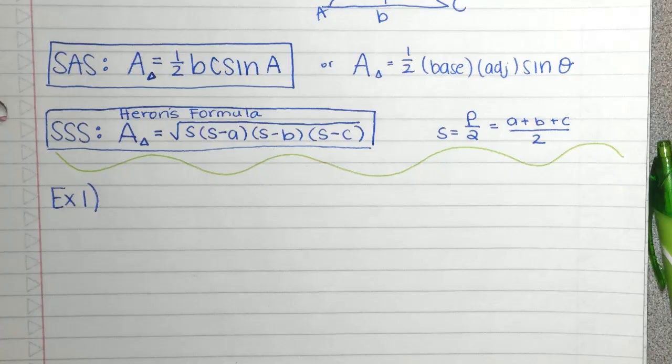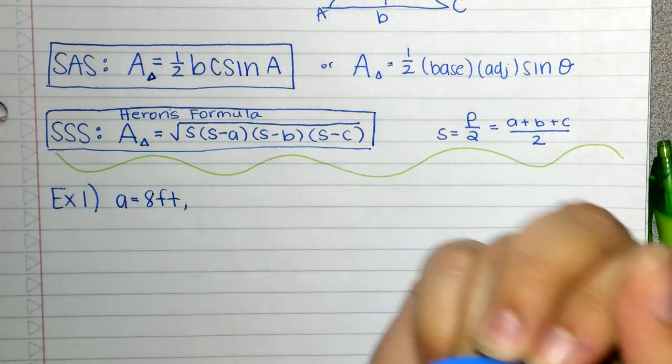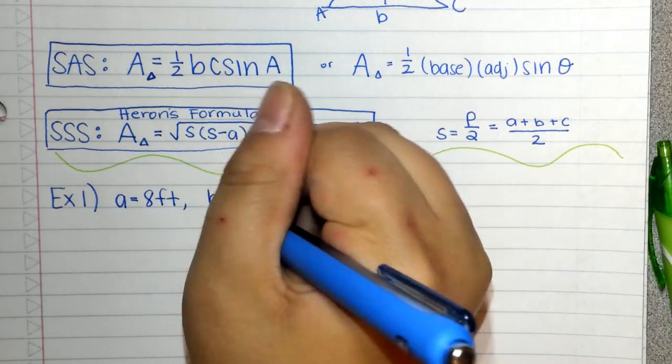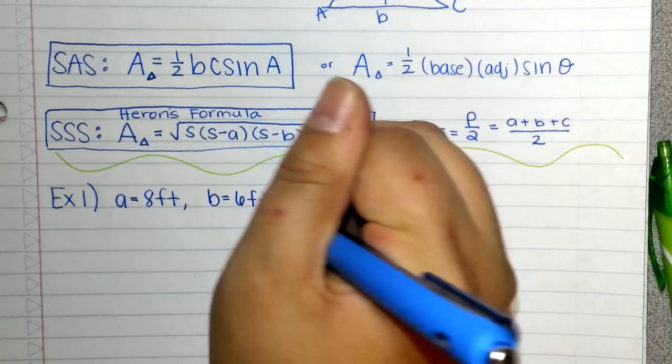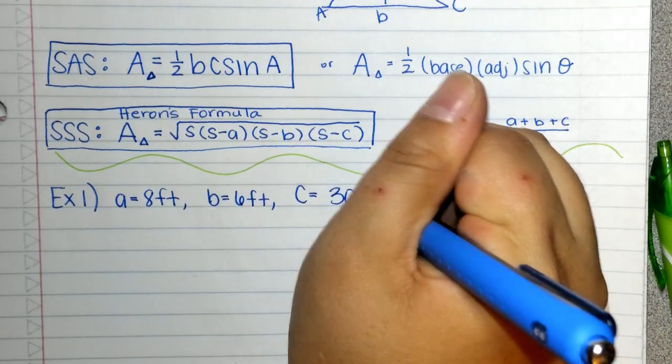What are we going to do first? Draw the picture. What are we going to do second? Determine the case type. So you're still going to do that for both of these. A equals 8 feet. B equals 6 feet. And C is 30 degrees.